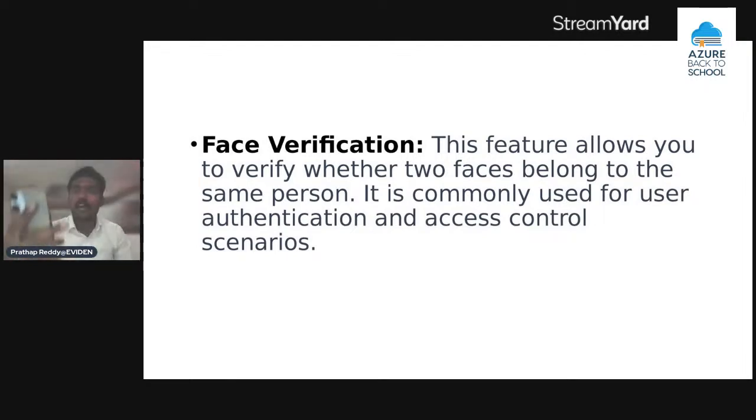I just open this one and it automatically opens by using face verification. This is one type of real-time use case of the Face API, and it is used nowadays by using face verification.